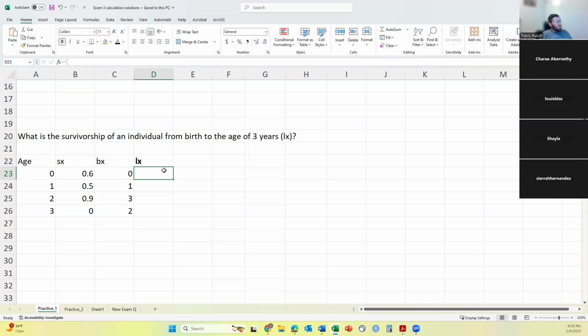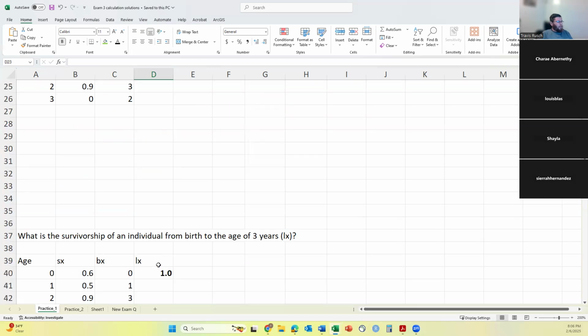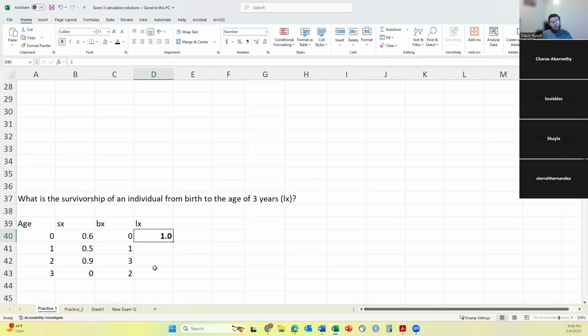So if they're born, we know that they're alive, right? This doesn't include stillborns and death, right? So this includes the initial births that are alive. So we know that L of X, the first value is always going to be 1 because it's 100%. They're always alive in this category. So that's one thing that's important to remember.